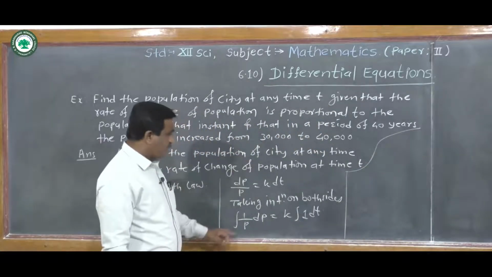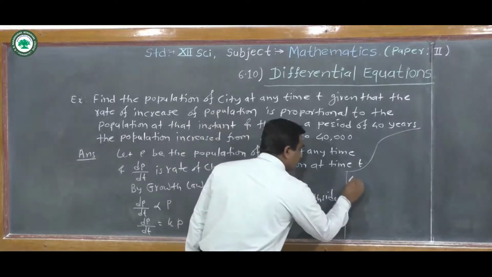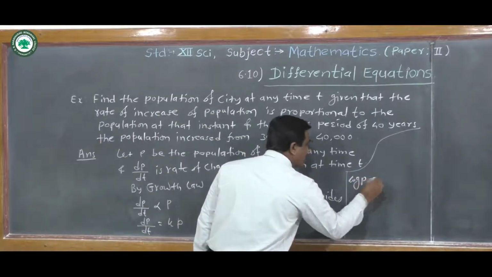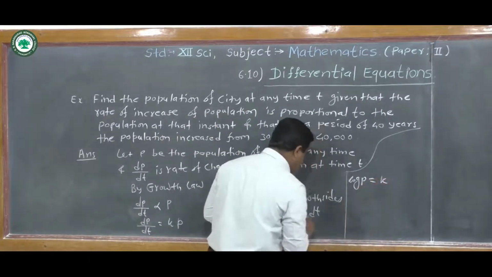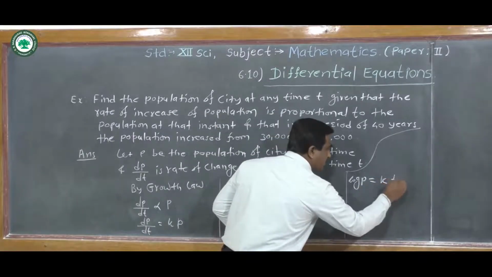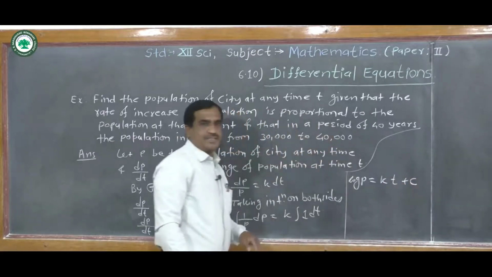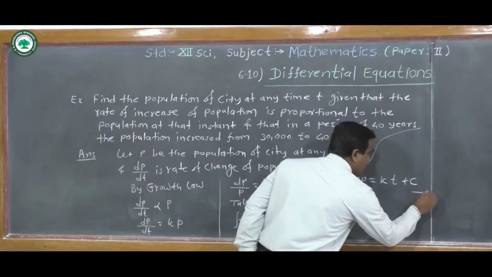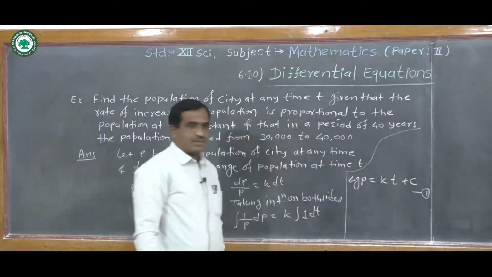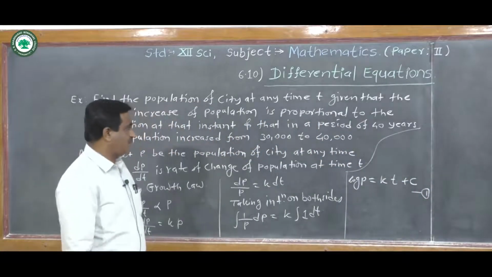Integration of 1 upon P is log P. So log P is equal to k into integration of 1 with respect to t, which is t, plus constant of integration c. Now we can say this is equation number first. We have to use this equation for solving the problem.